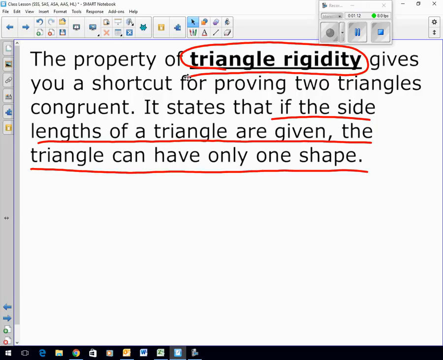If you think about it, this definition makes sense. Put it in context. If I tell you to go create a triangle with side lengths of 10 inches, 12 inches, 15 inches, the only thing you can make is a 10-inch, 12-inch, 15-inch triangle. That's it. If you know the side lengths, you know precisely the shape that you're dealing with.